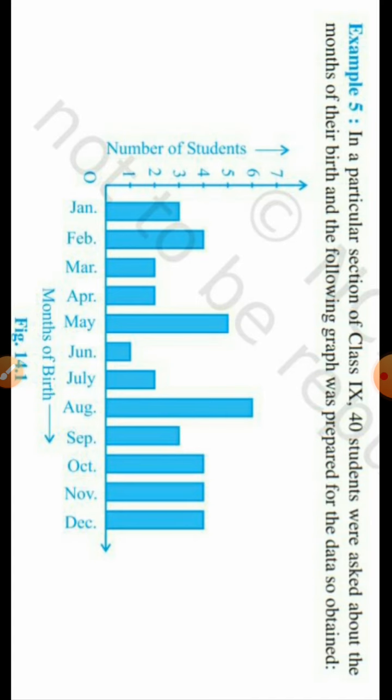So our answer will be 6 upon 40, that is 3 upon 20. That is our final answer. We never convert our answer to decimal, only sometimes, whenever the denominator is 10, 100, 1000, 2, 5. If those types of numbers are there, then only we convert to decimal form. This is a very simple sum, can be asked for 2 marks only. The question is long, but the solution is very short.